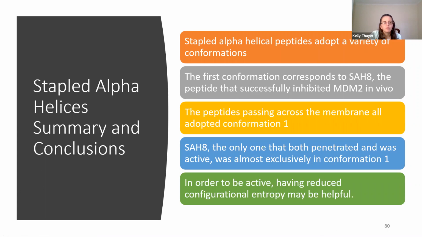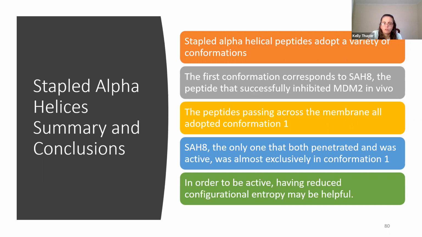So then the stapled alpha helices summary and conclusion. The stapled alpha helical peptides are a variety of conformations, evidenced by the various substates that we saw. The first conformation corresponds to SAH8, the peptide that successfully inhibited the MDM2 in vivo, as was known before we started. Peptides passing across the membrane all adopted conformation 1.